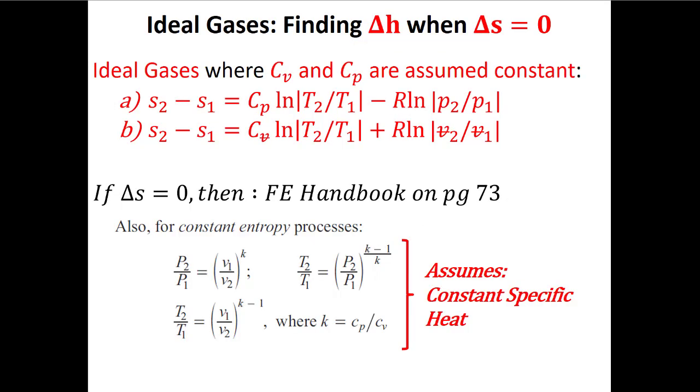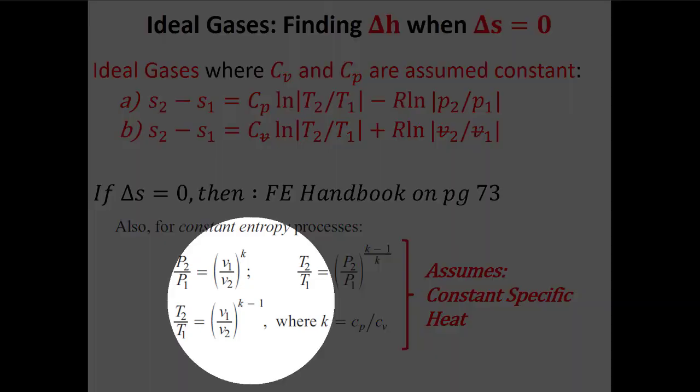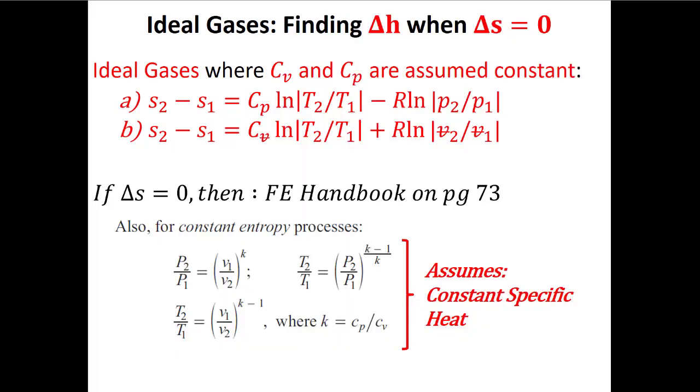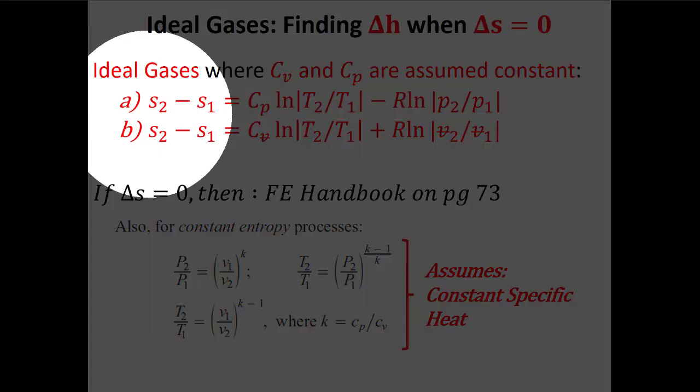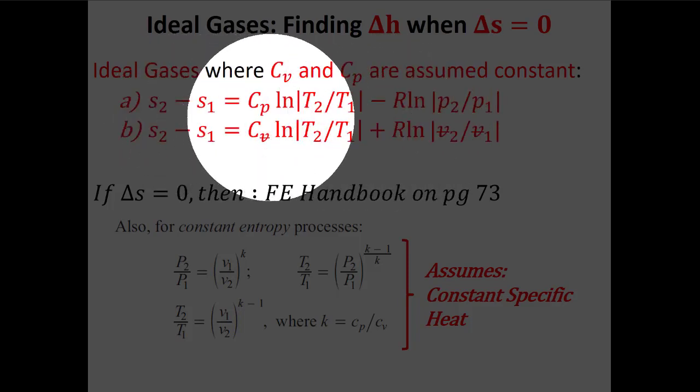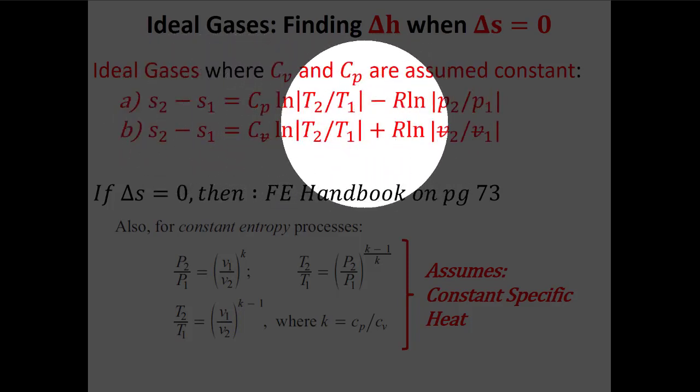So how do I find the change in specific enthalpy when the change in specific entropy is 0 and I'm dealing with an ideal gas? So I have two options here. If specific heat is constant, then remember we had these two different equations when we have delta S for an ideal gas with constant specific heat.